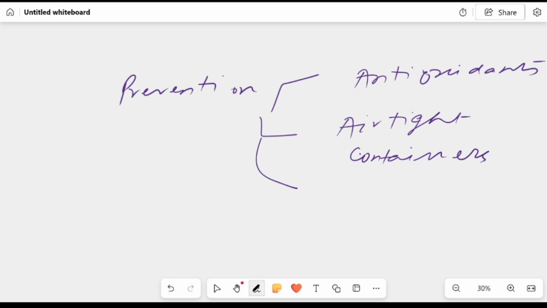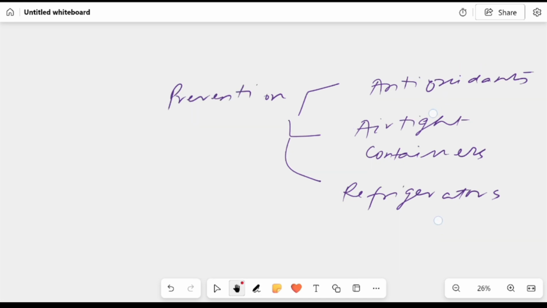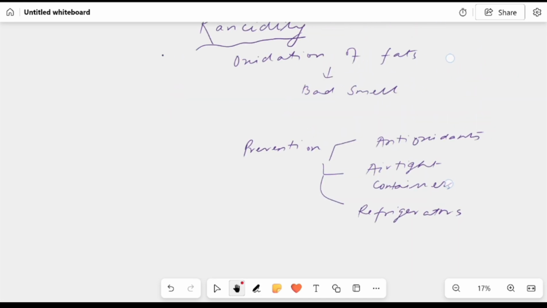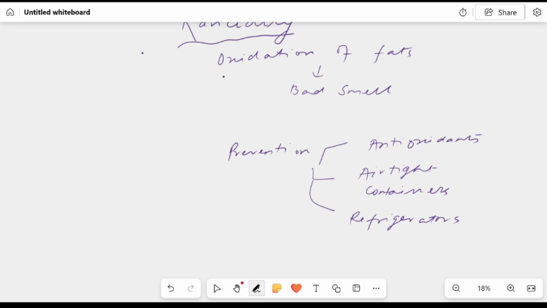The third one, use refrigerators. These are the things, if we use them, the rancidity can be prevented.